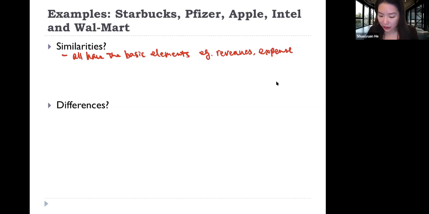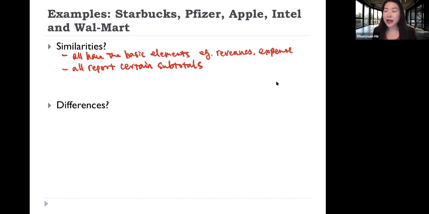The second similarity is they all report certain subtotals. What do we mean by those subtotals? So you're all going to see net income reported on those income statements.